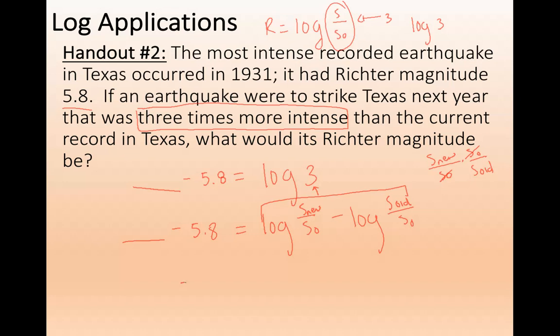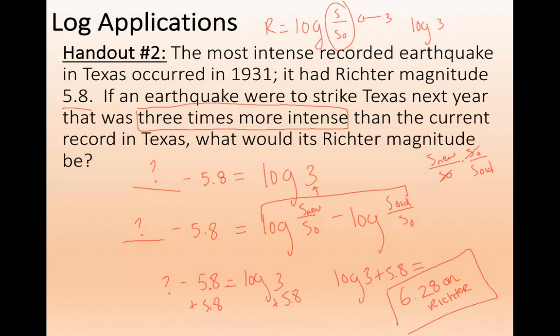So right now I have something minus 5.8 equals log of 3, and I should add 5.8 in order to solve for it. So log 3 plus 5.8 is going to be the Richter magnitude: 6.28 on the Richter scale. That would be the magnitude of the new one that is 3 times more intense.